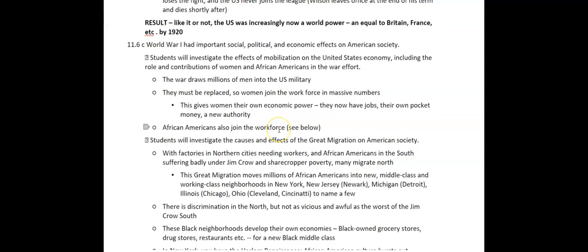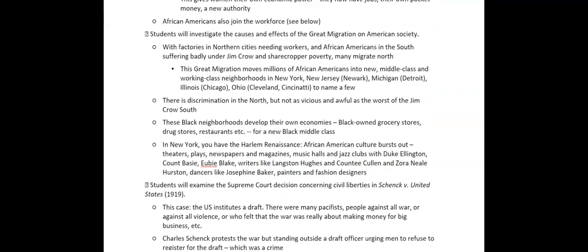Also, African Americans are drawn massively into that workforce. This you really need to pay attention to. The Great Migration is the movement of huge numbers of African Americans from the South to cities in the North.